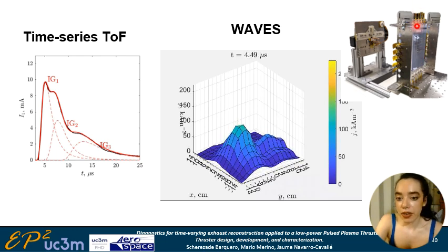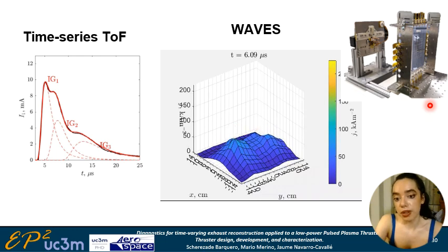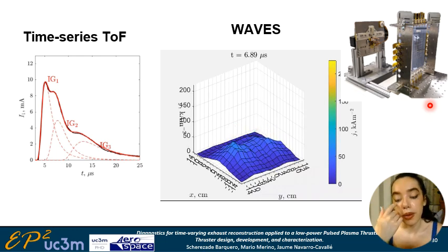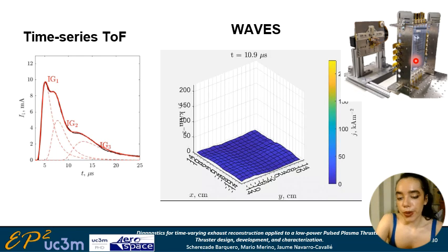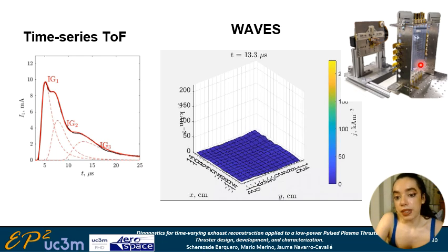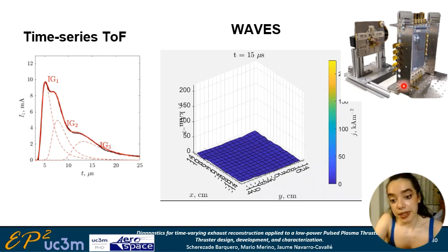So from these integral measurements, with the reconstruction algorithm that we proposed, our tomographic approach, one can resolve the inverse problem and obtain the local distribution of the current density at each time step. The difference with respect to standard Radon transform methods is that with this approach we can simply resolve the problem by separating variables.